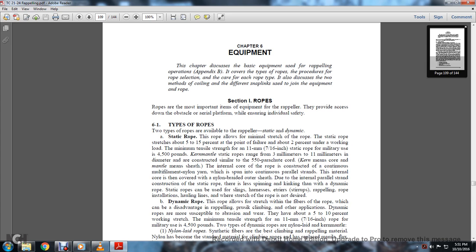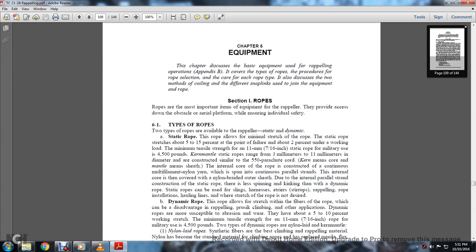Kernmantle static rope ranges from 3 millimeters to 11 millimeters in diameter, with construction similar to 550 parachute cord. Kern means core and mantle means sheath. The internal core of the rope is constructed from continuous multi-filament nylon yarn, which is spun into continuous parallel strands.